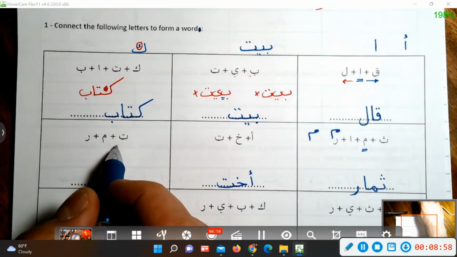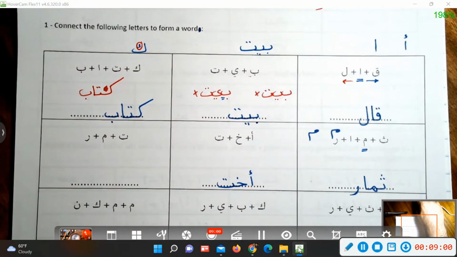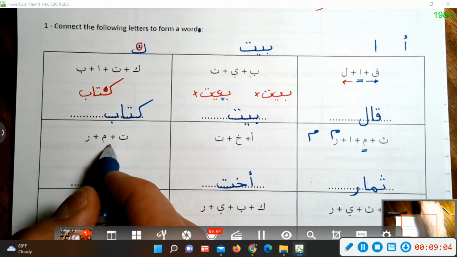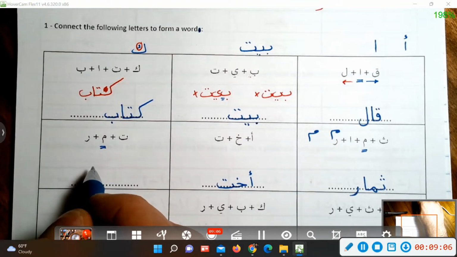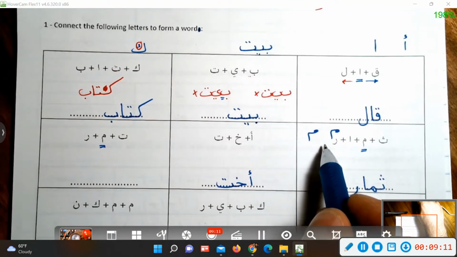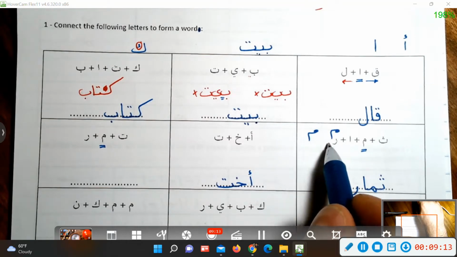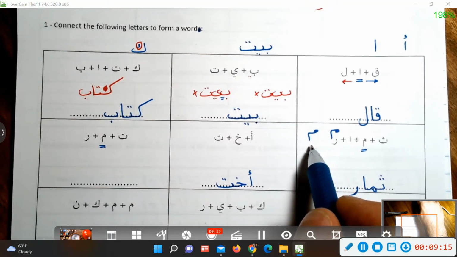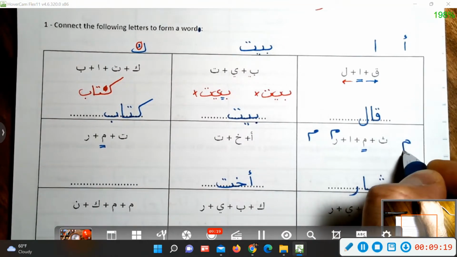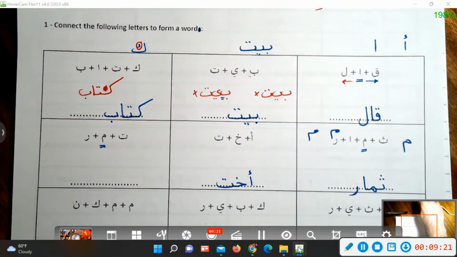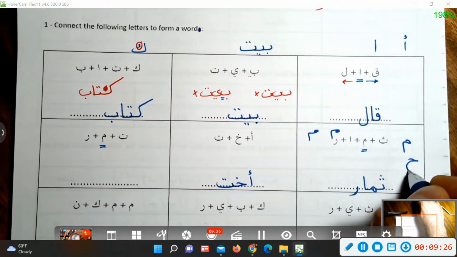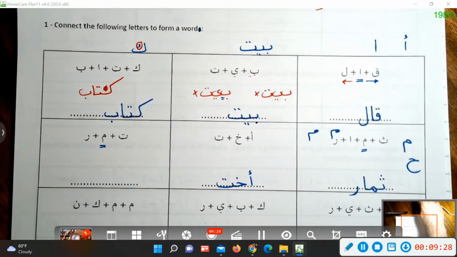Now, the third word, we have ta, we have meme, we have ra. And again, this meme is a printed meme because we said here, when you handwrite it, it looks like this. But when it's printed, it looks like this. And this is not ha. See, that's ha. They don't look alike.